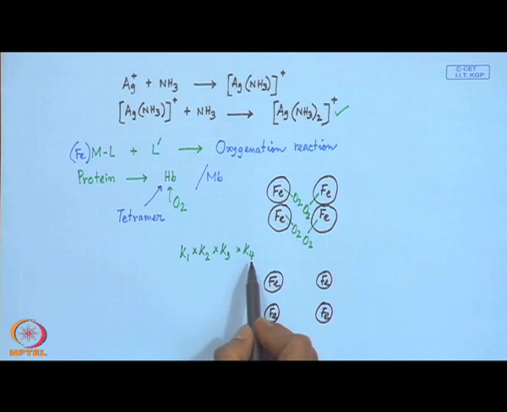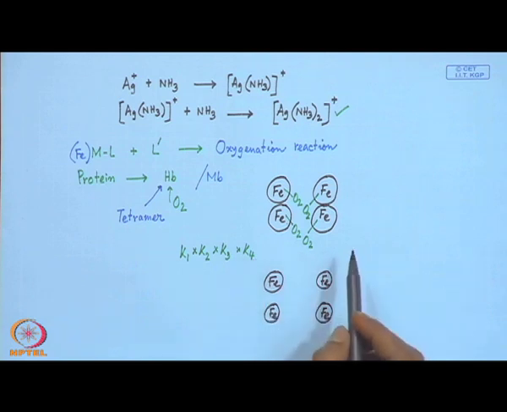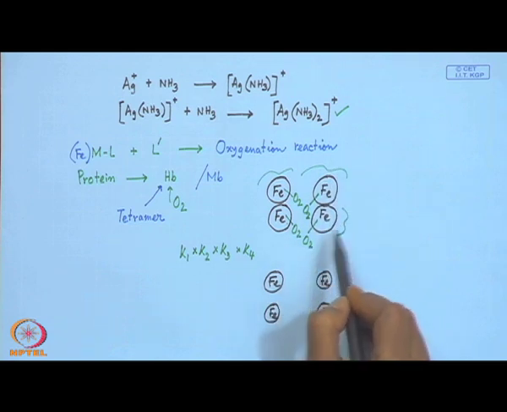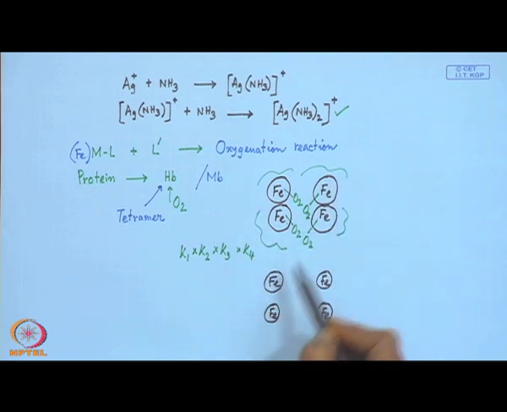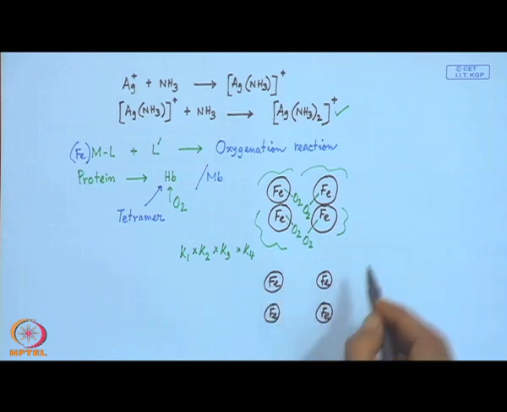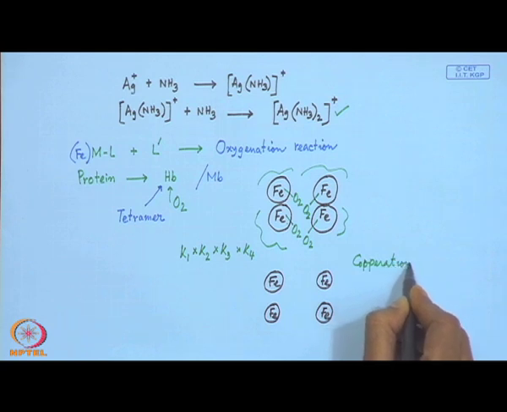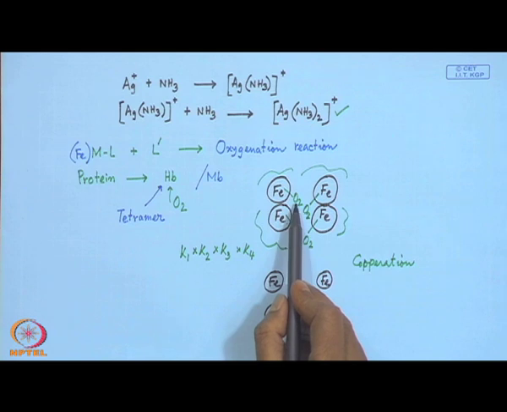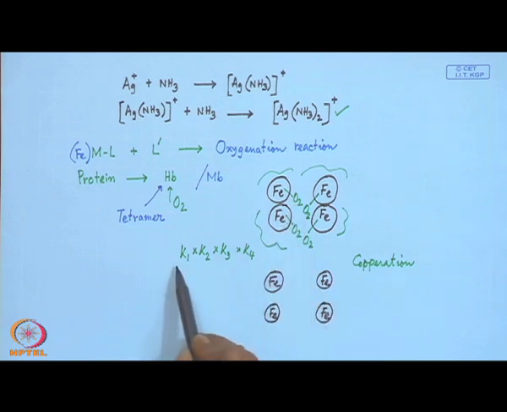So, how these values are interrelated will be seen if we know the corresponding protein envelope of the entire tetrameric structure. So, there will be a cooperativity, that means cooperation is taking place when the first center is getting oxygenated, that means when K1 is there.